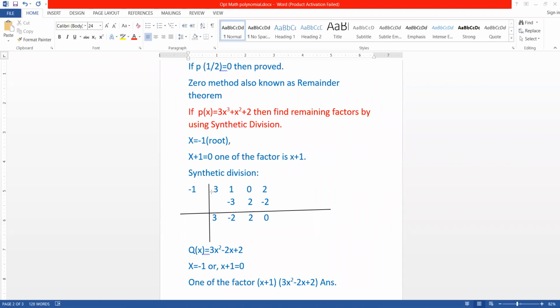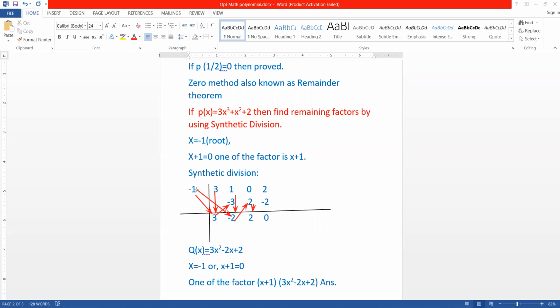You have to bring down this 3 here, and then minus 1 multiplies this 3, and minus 1 into 3 is minus 3. Add these two and the result is minus 2. Then again minus 1 multiplies minus 2, and minus 1 into minus 2 is 2, so you write 2 here, and add 0 plus 2, which is 2.